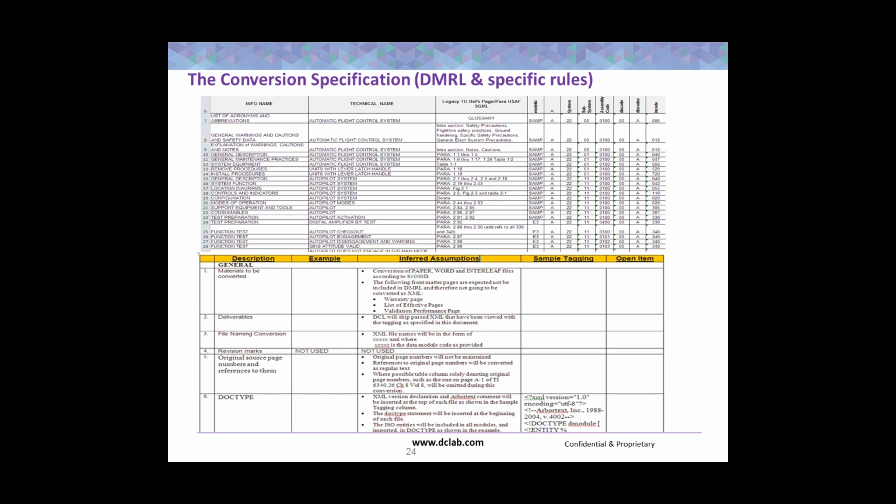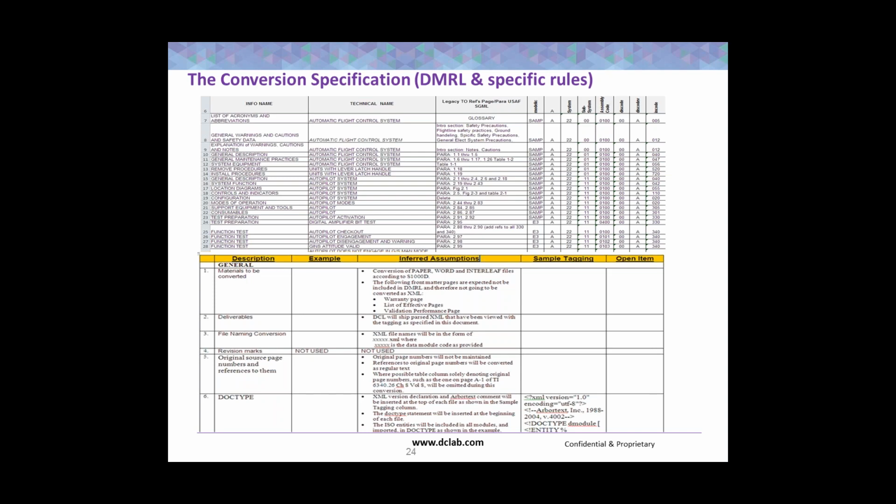And something that goes side by side with the DMRL is the conversion specification. A conversion specification is really a guide and, to some extent, the project-specific business rules, or an extension to the project-specific business rules.